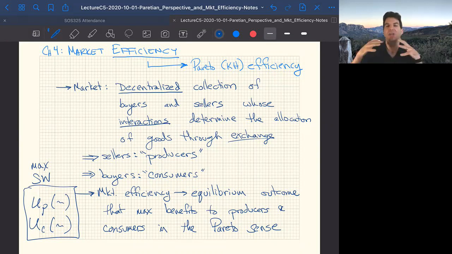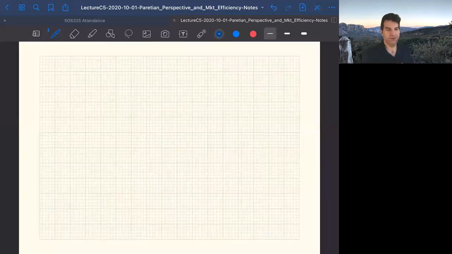So efficient means no Pareto improvements. That's what Pareto efficiency means. And we'll see more quantitatively what we mean by that as we go on here.